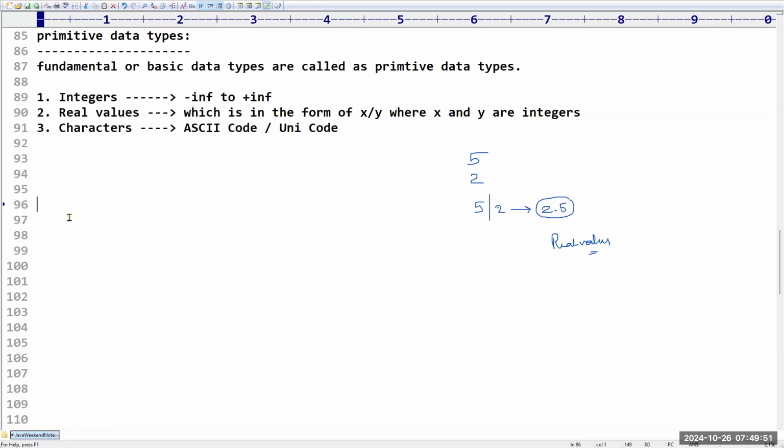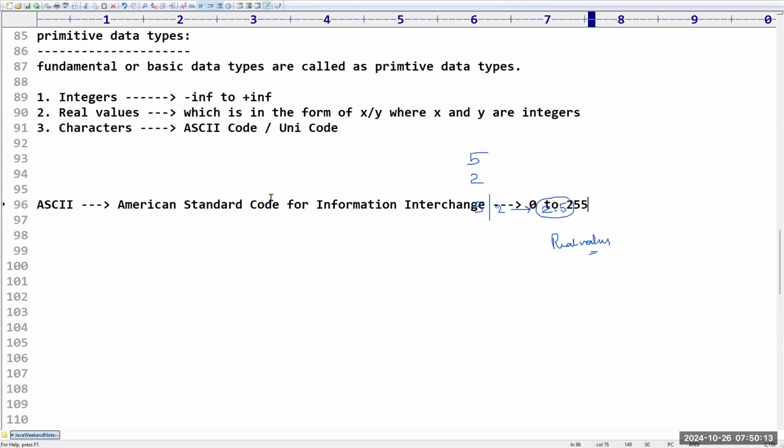The full form of ASCII is American Standard Code for Information Interchange. We count from 0 to 255, so in total 256 ASCII characters are there.